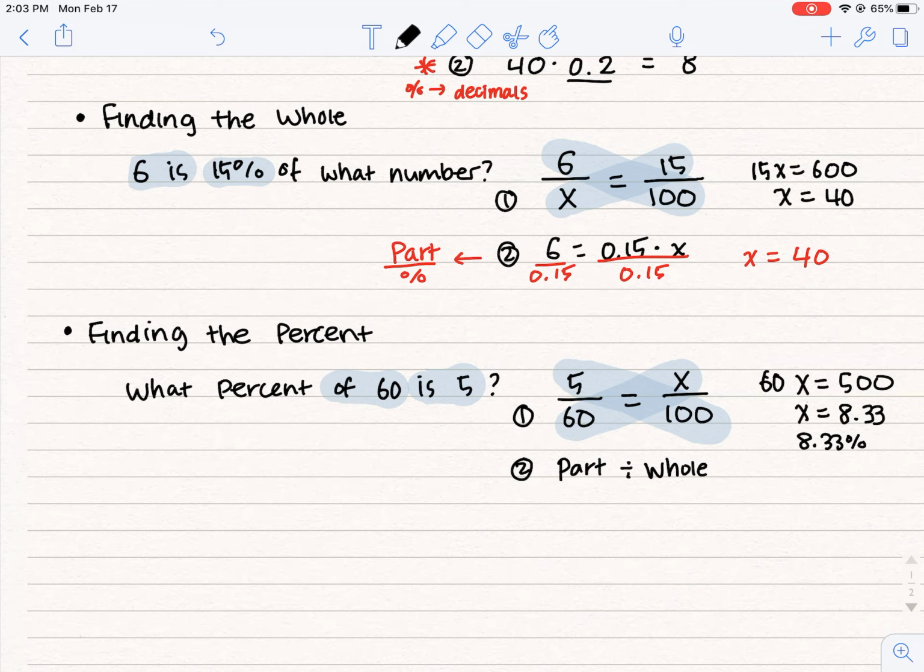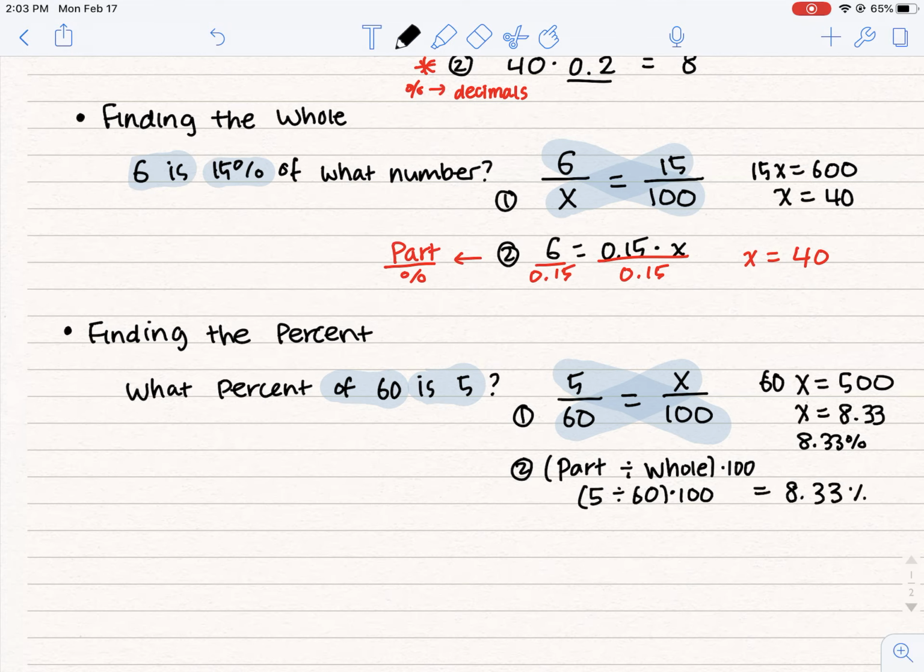So 5 divided by 60, and then times 100. If you do that, it's going to be 5 divided by 60, and then you just multiply by 100. It's still going to give you the same answer.